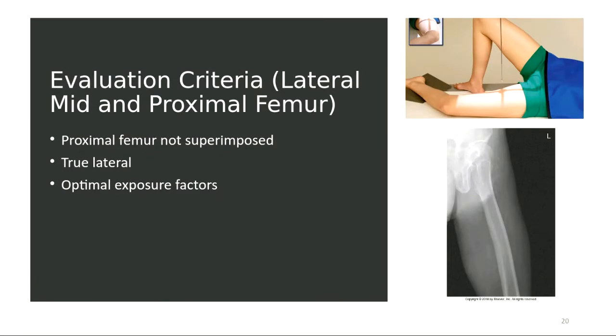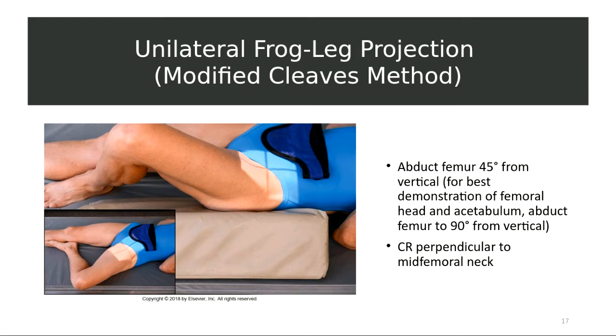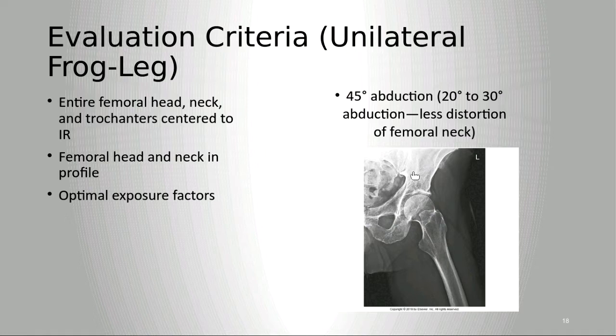This one right here is what they did, 45 degrees from vertical, and that would give you this image right here, which puts the femoral head, neck, and trochanters in the middle of the IR. And then you get a profile view of the femoral head and neck. Really good image as well on that. Good exposure factors. So that is a unilateral frog leg or a modified Cleaves.